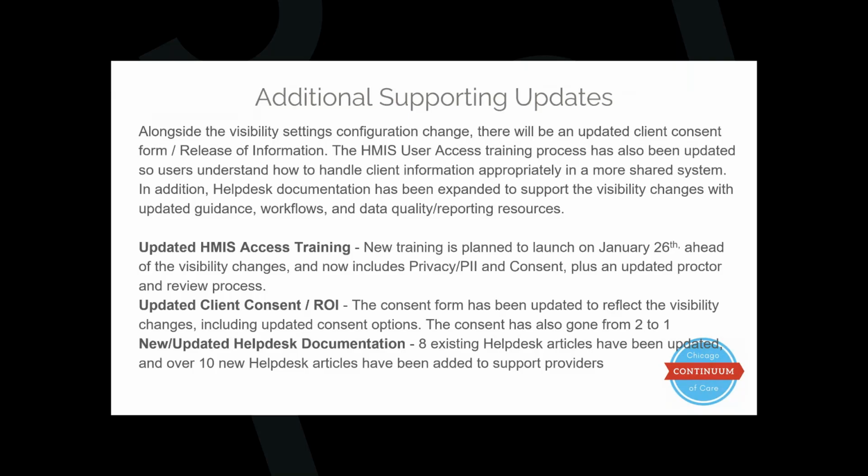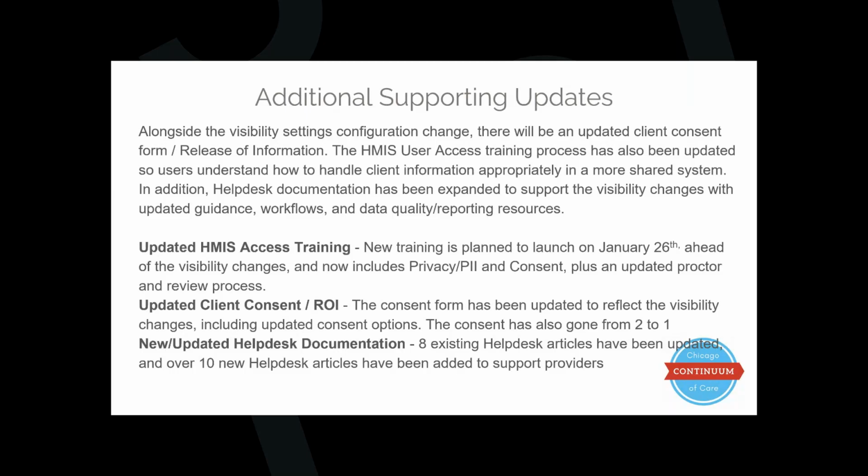That is planned to launch on January 26th, ahead of the visibility changes, and it will include a privacy section, which talks about PII and making sure you're keeping data safe and how to manage data in a shared system. It's also going to talk through consent. There is a new consent form. We'll talk about it in a second, but the training will go through that new consent form and include an updated proctor and review process.